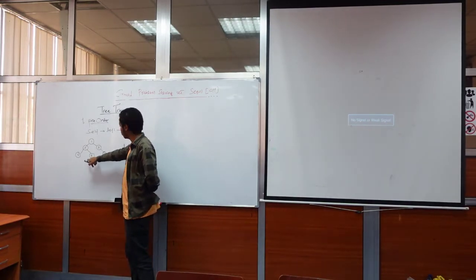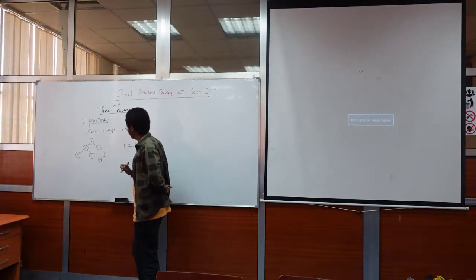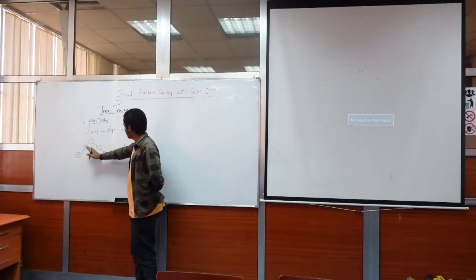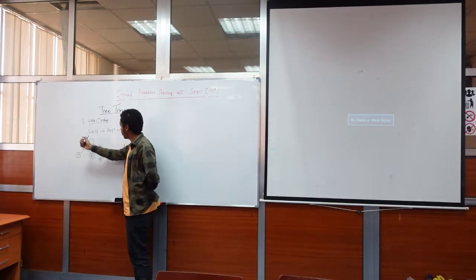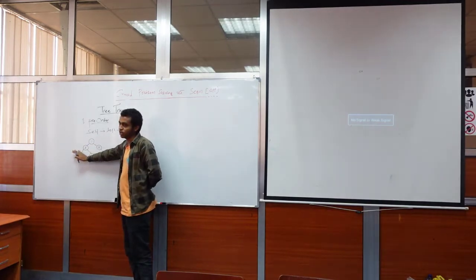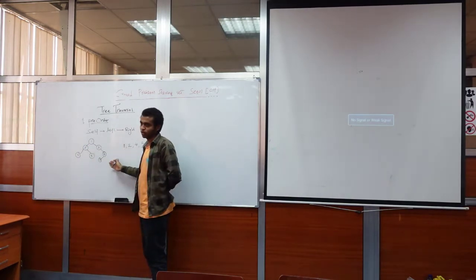It's 5. So 5 processes itself, in our case printing it, and then it's done. So at this step, this subtree is done. So what did 1 do? 1 processed itself, and then its left subtree. The left subtree is done, and then it calls the right subtree.